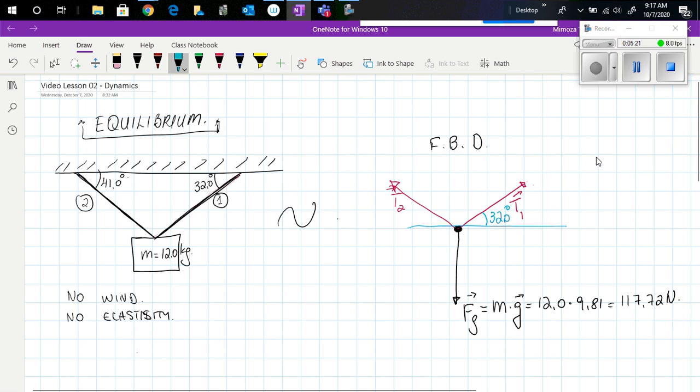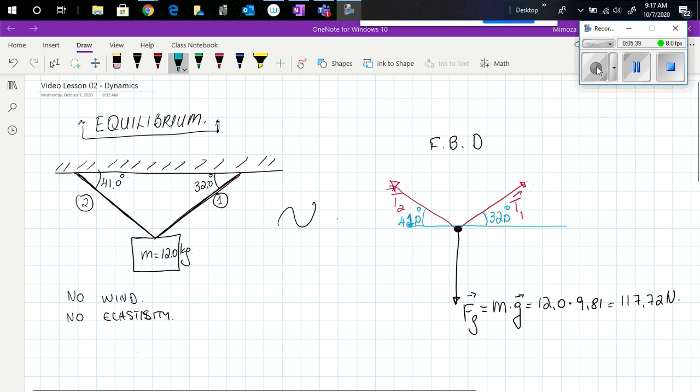And the angle with the horizontal for tension 2 is the same as the angle that string 2 creates with the horizontal. Is this clear?